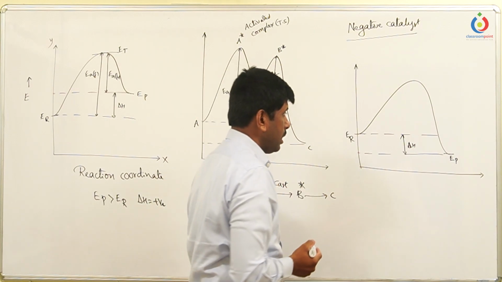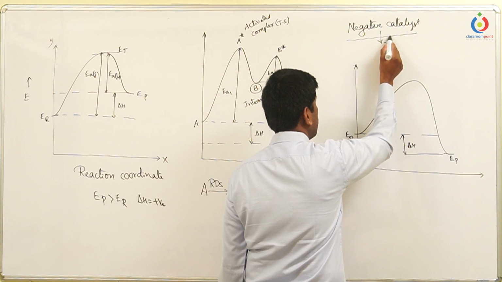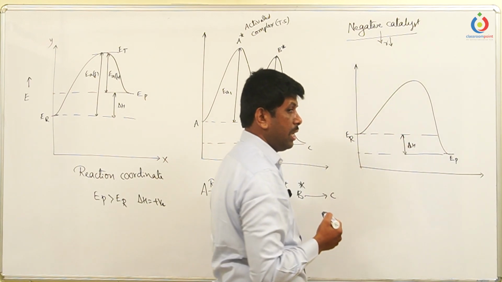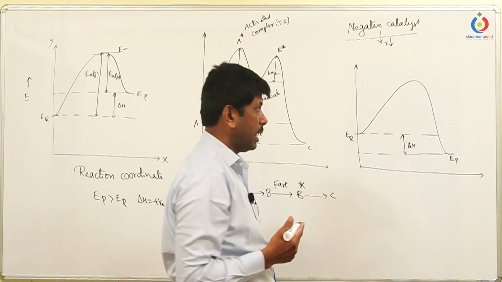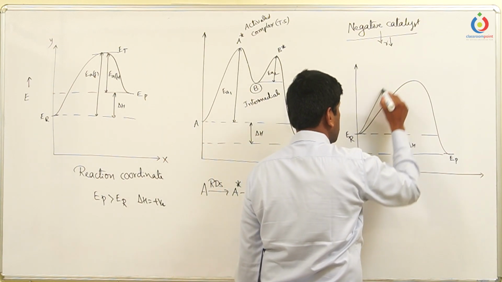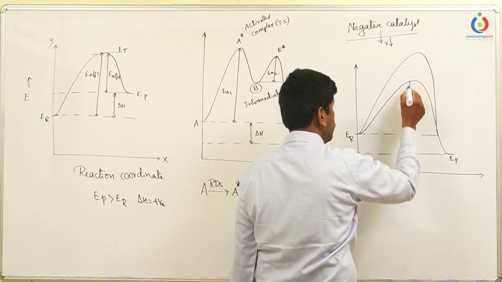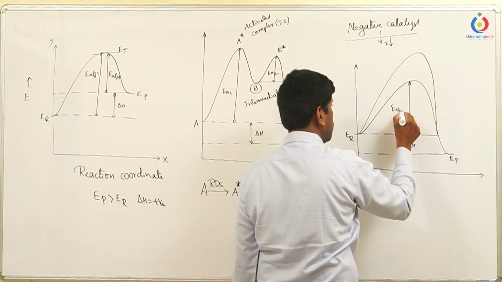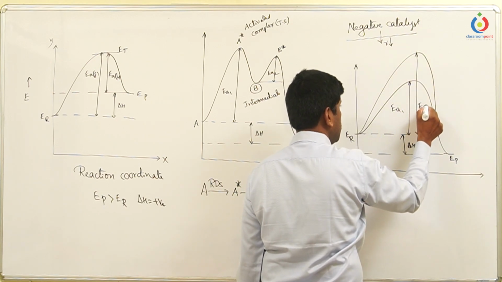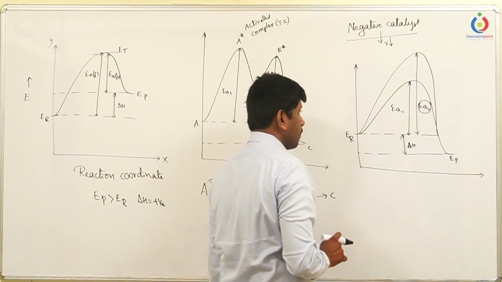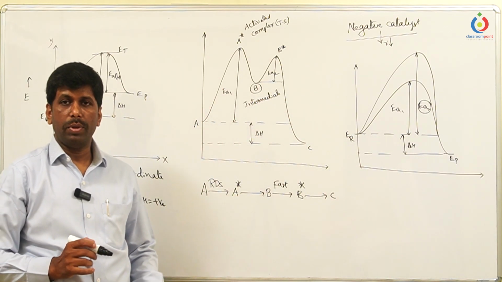Let us imagine we had the negative catalyst. The negative catalyst's duty is to decrease the rate of reaction. How can it decrease the rate of reaction? A particular reaction rate can be decreased by increasing the activation energy. So the activation energy is increased. See, earlier the activation energy is only this much, EA1. Now this much activation energy is there, which is EA2. So in the presence of the negative catalyst, the rate of reaction decreases by increasing the activation energy.